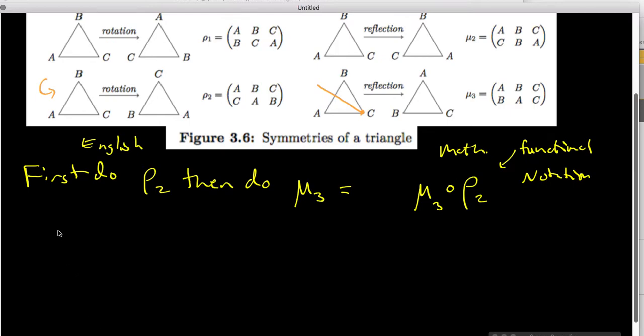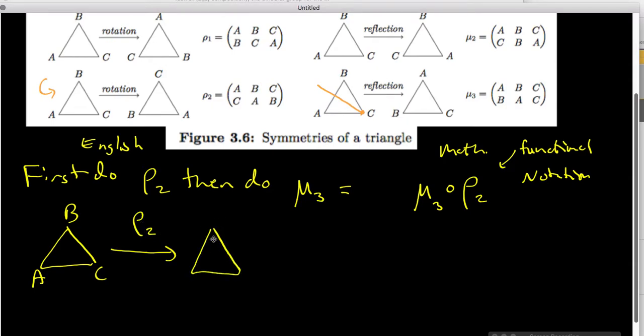So what I'm going to do is start with my triangle, labeled A, B, and C. And I am going to do rho 2. And when I do rho 2, I am going to get the triangle A, C, B. A went 1/3 to C, and C went 1/3 to B, and B went 1/3 to A, and that's exactly what that picture up there says.